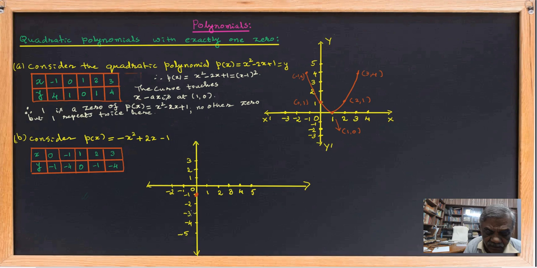Here, and x equals minus 1 and y equals minus 4, the point minus 1 and minus 4, and 0 and minus 1, and another 1 and 0 point here, and 2 and minus 1, and 3 and minus 4.